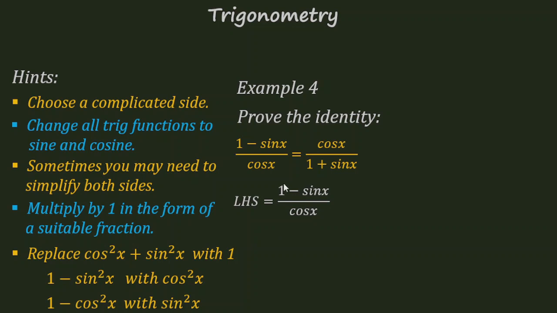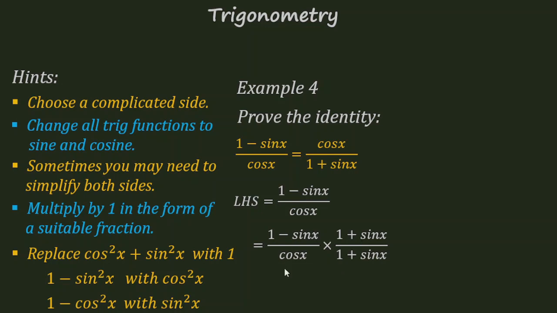So at the top here, if we can find something that can change this into the difference of two squares, we can see that if we multiply by 1 plus sin x, we can actually get the difference of two squares in the numerator. So that suitable fraction will be 1 plus sin x over 1 plus sin x, because we are interested in changing this into 1 minus sin squared theta.